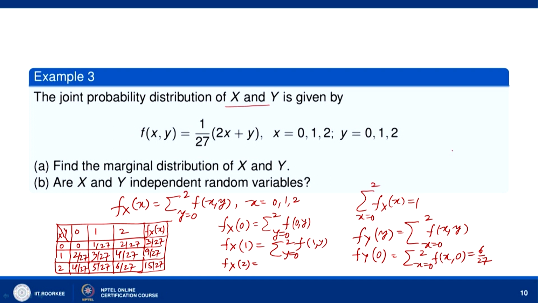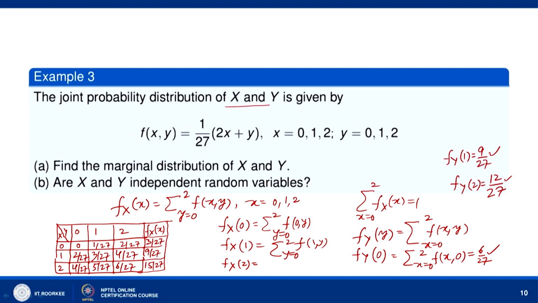And f_Y(1) similarly, the column sum: 1 plus 3 plus 5, so 9 by 27. And f_Y(2) equals 2 plus 4 plus 6, so 12 by 27. The sum of the values of f_Y(y) for y equal to 0, 1, 2 must be equal to 1. So, 6 by 27 plus 9 by 27 plus 12 by 27 is 27 by 27, that is equal to 1.